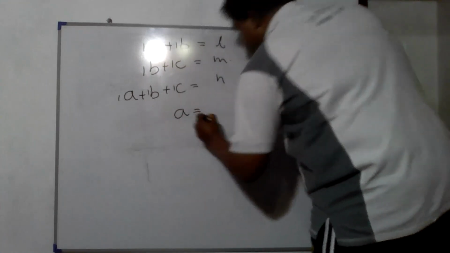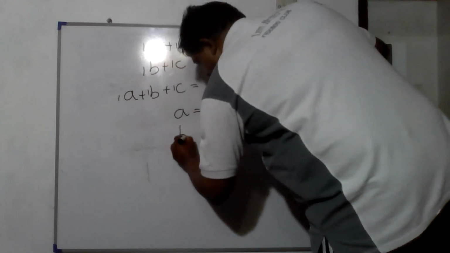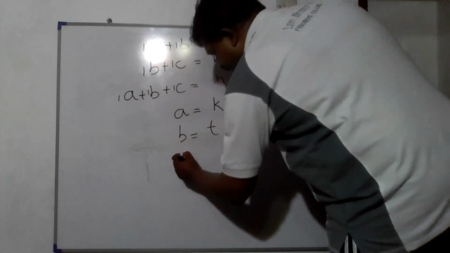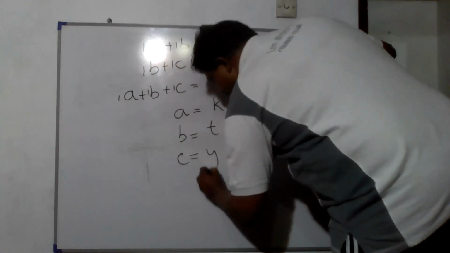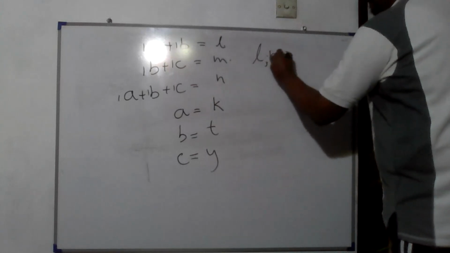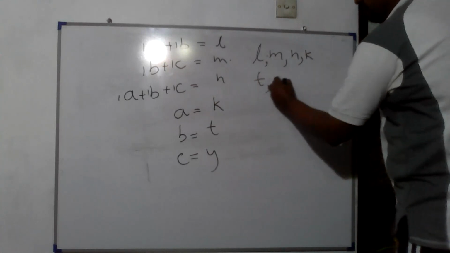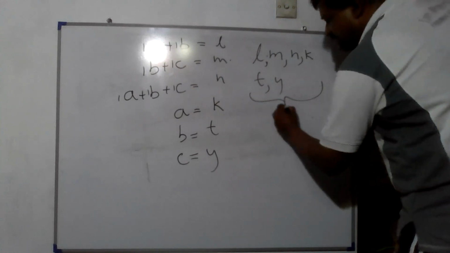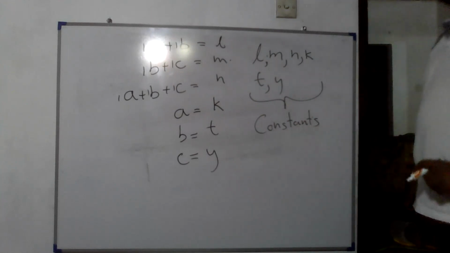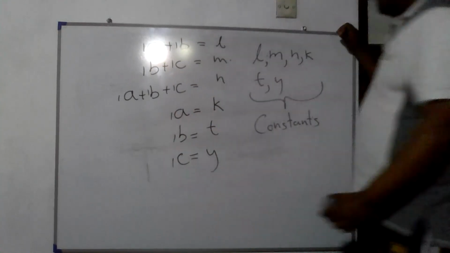A equals K, B equals T, let's say C equals Y. Now this L, M, N, K, T, Y are all constants, right? You can see the coefficient of each variable in this case is 1.